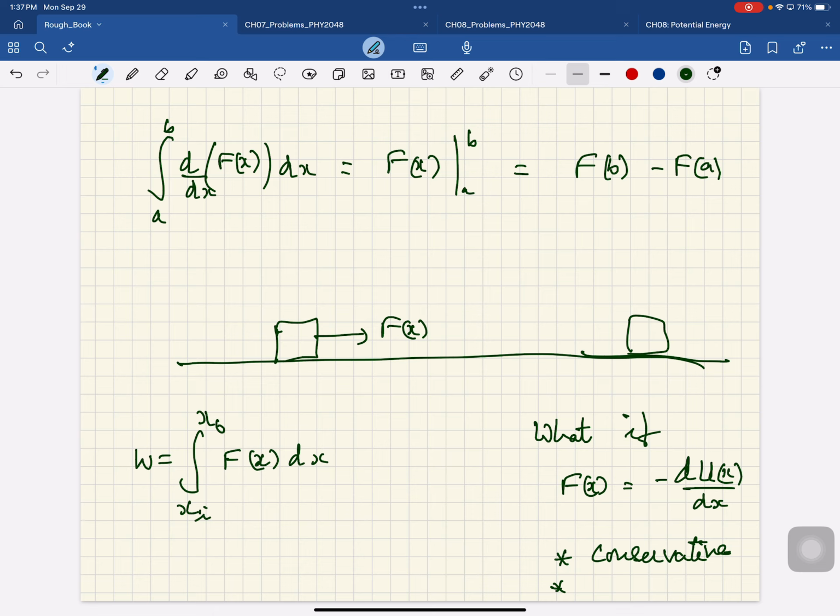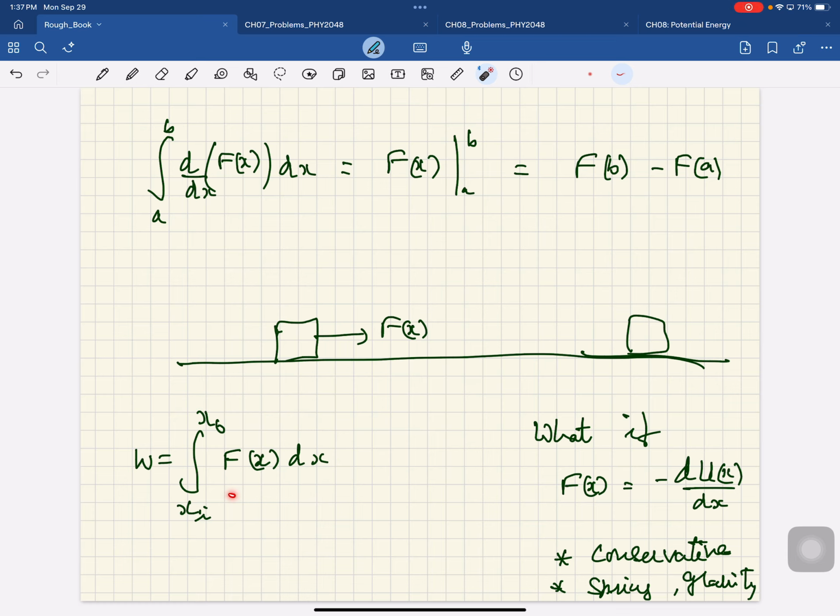And for now, this semester, there's only two examples of them: spring force and gravity. So the question is the following. If you want to calculate the work done by a force, you have to do this integral.